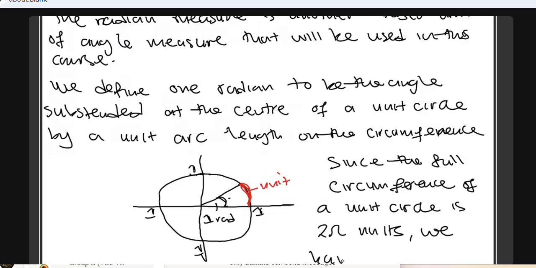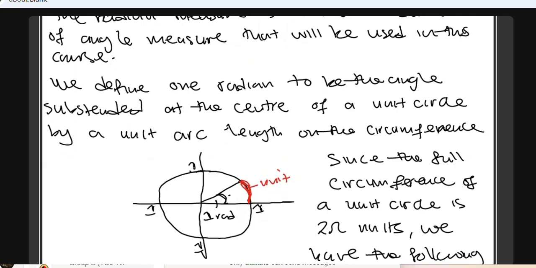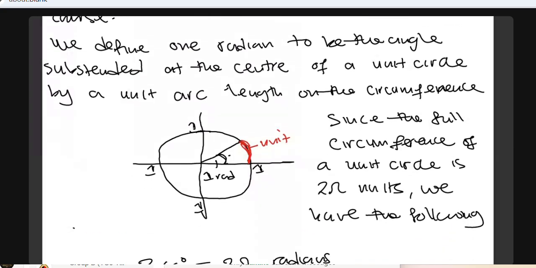We have the following. 360 degrees is equal to 2 pi radians. So we can divide by 2 on both sides, or equivalently, 180 degrees is equal to pi radians.